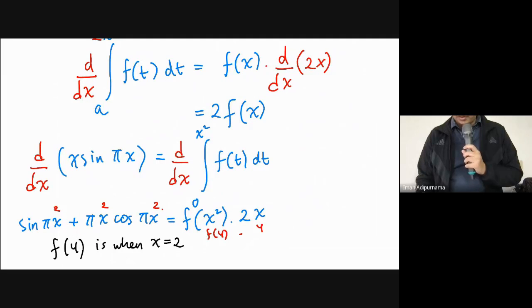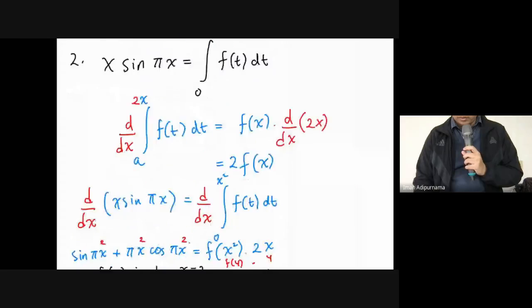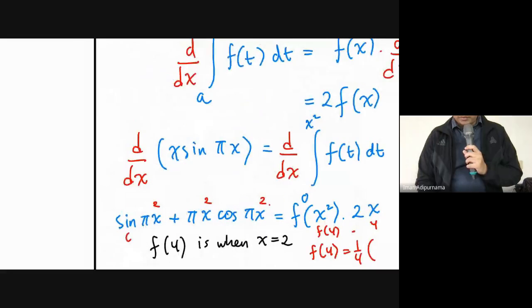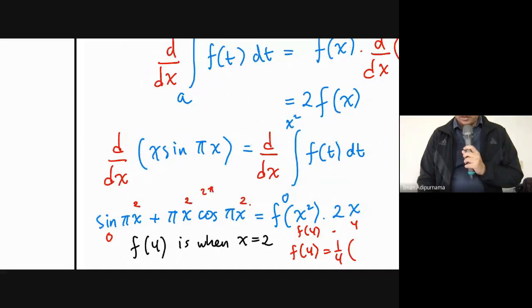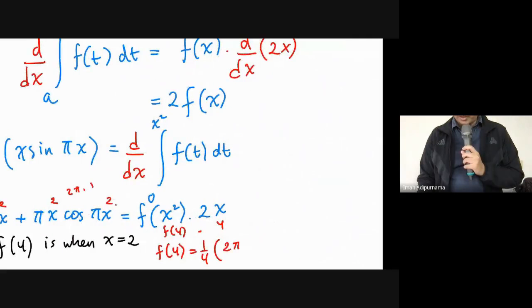This is 4. So f(4) is 1 over 4. This is 0, since sine 2 pi is 0. And this will be 2 pi, and then cos 0 is 1. So this 2 pi, so it's pi over 2.